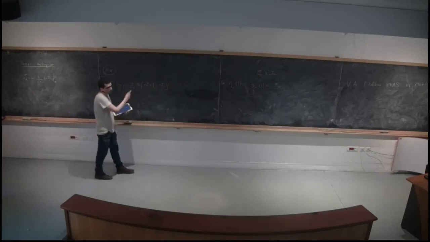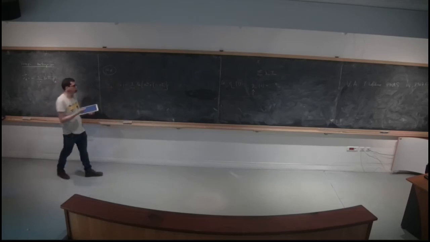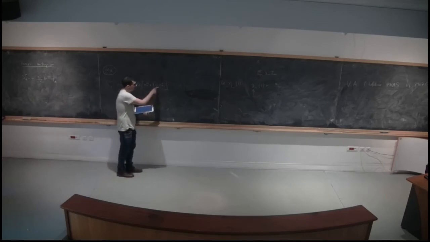For the von Neumann entropy, you had a certain function of n of k. If you want the prediction for Rényi entropies, you have to plug in this other function of n of k.